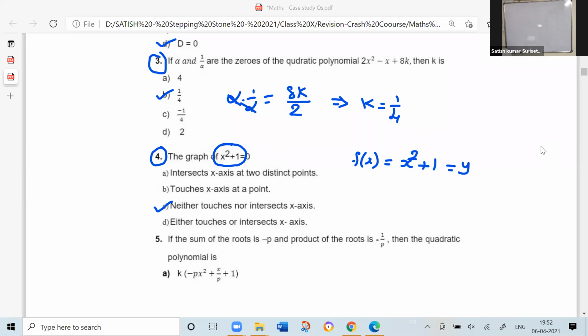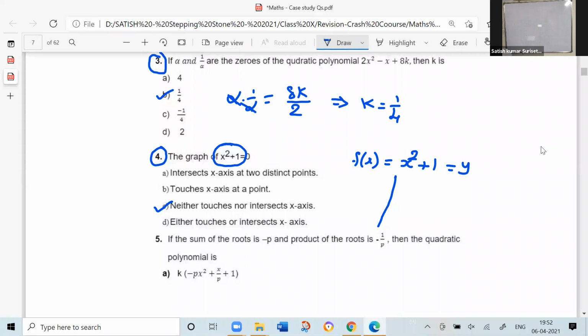So can you draw the graph of this? When x equal to 0, the value is 1 and always it will be above. So this will be the graph.